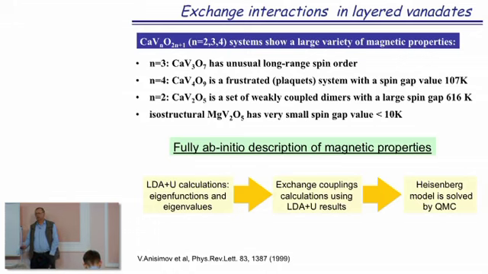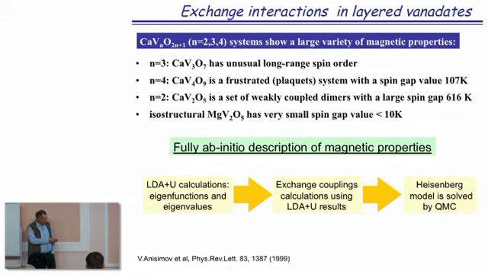Spin gap systems mean that they do not have spin ordering till the lowest temperatures, but they have very peculiar susceptibility dependence. At lower temperatures, they practically do not have a magnetic response at all. At high temperatures, they are typically Curie-Weiss paramagnets, and in between there's something very strange.